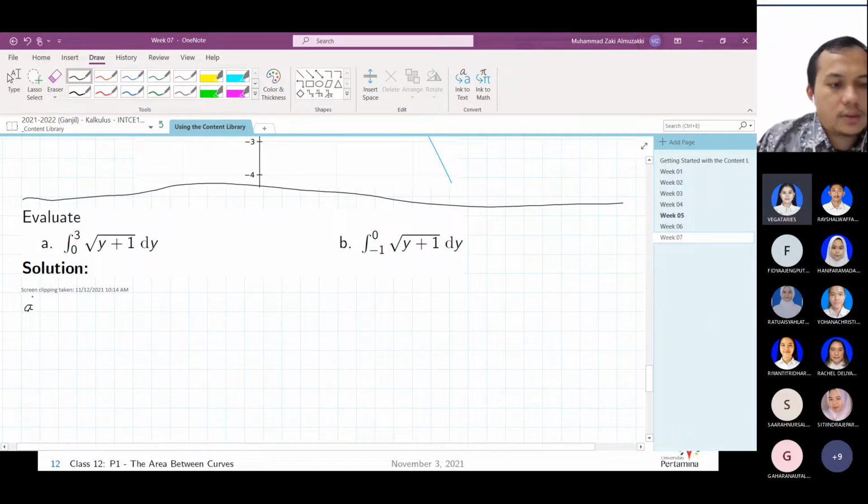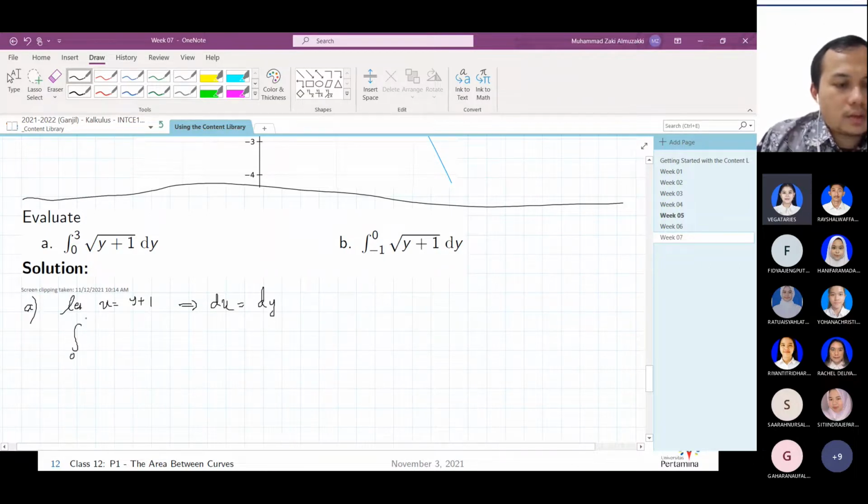For A, let u equals y plus 1, then we have that du equals dy.